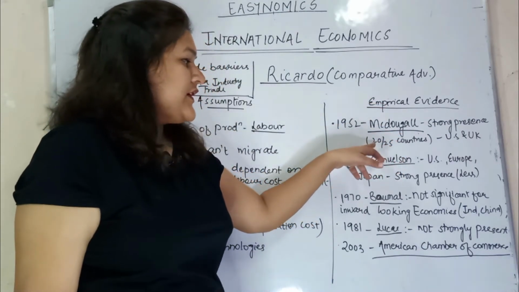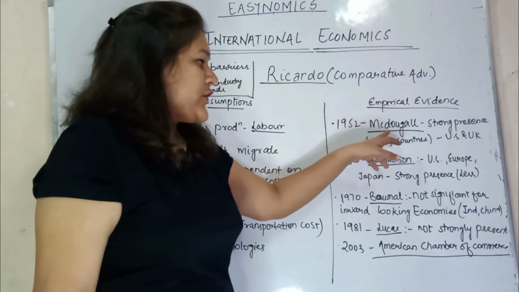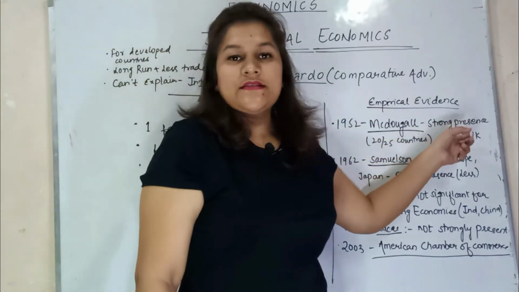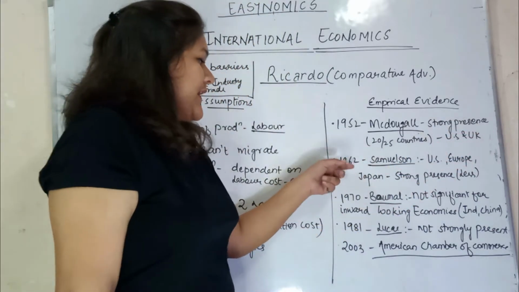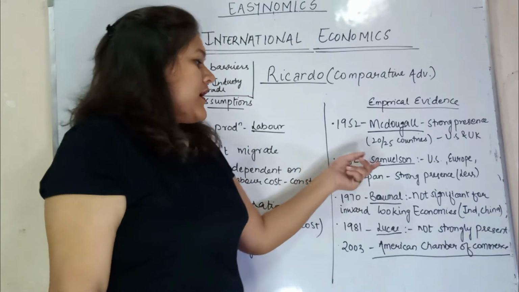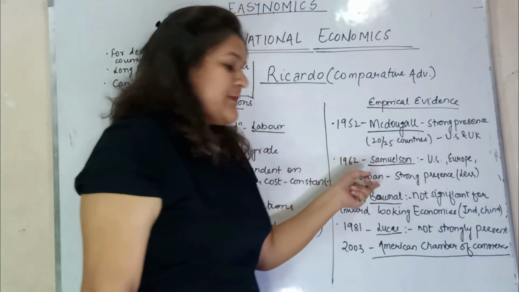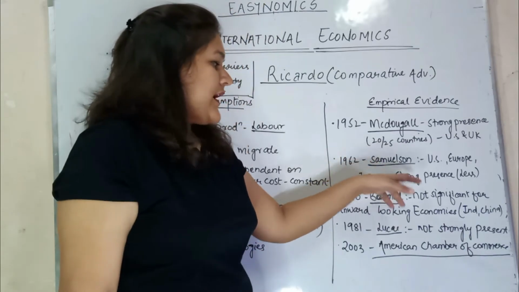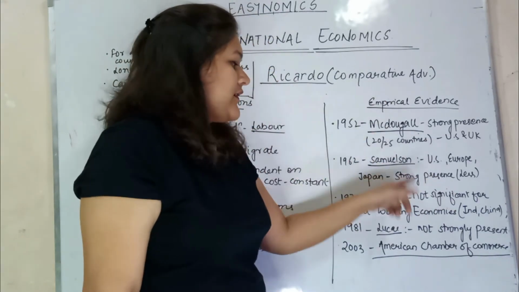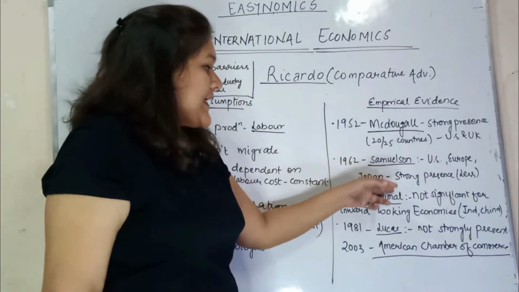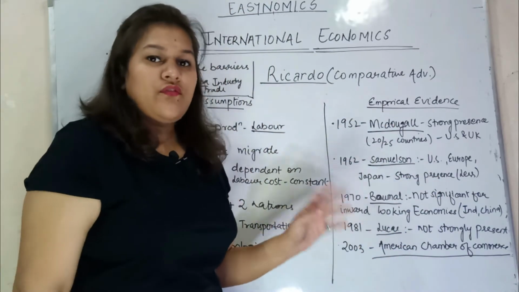Out of 25, in 20 countries, McDougall found evidence of Ricardo, especially in the US and UK. Then in 1962, Samuelson conducted another test, taking the US, Europe, Japan, basically these countries, and it also found that comparative advantage trade is strongly present, but less than the evidence found in the 1952 test.